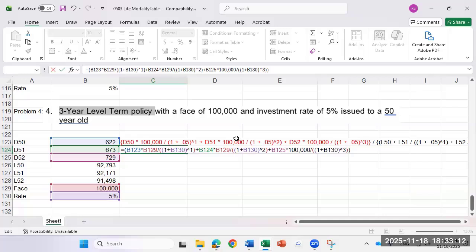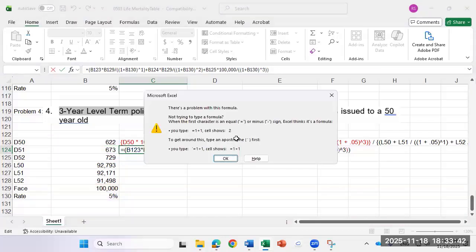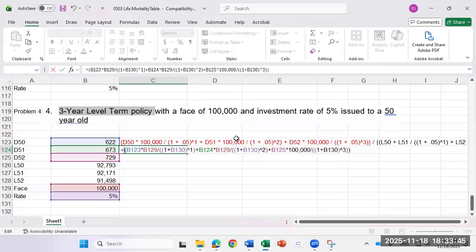You might need one more parenthesis on the far right side, because you started with the parentheses on the left. B125 times 100,000, you might need parentheses there. So that should close it. I don't know why Bill Gates, okay, whatever, it won't even fix it for me either. So there's something in there.